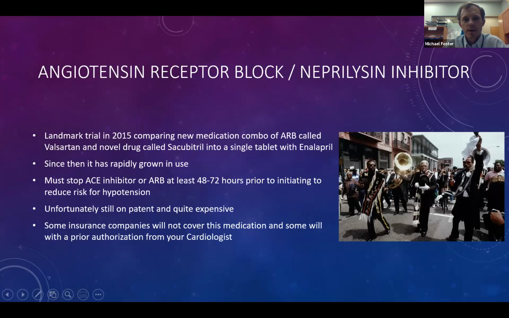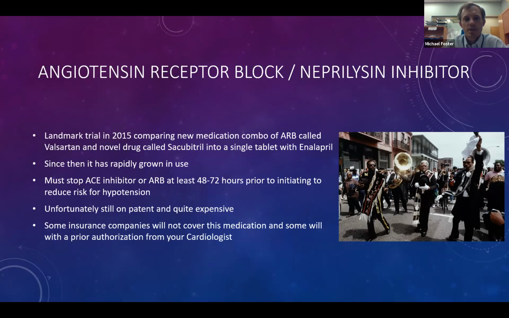The newest medication that's available and widespread now is an angiotensin receptor blocker neprilysin inhibitor, which is also called Entresto. You may have seen this on TV. There was a landmark trial in 2015 called PARADIGM that compared the use of an angiotensin receptor blocker to this novel drug, which is the combination of an angiotensin receptor blocker and sacubitril.